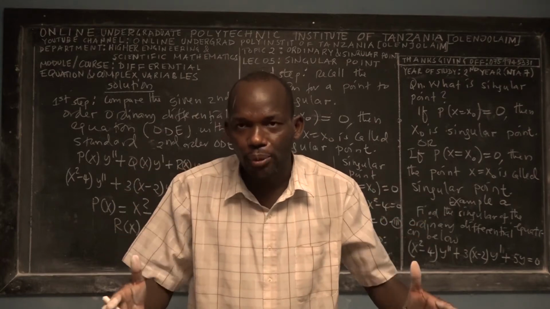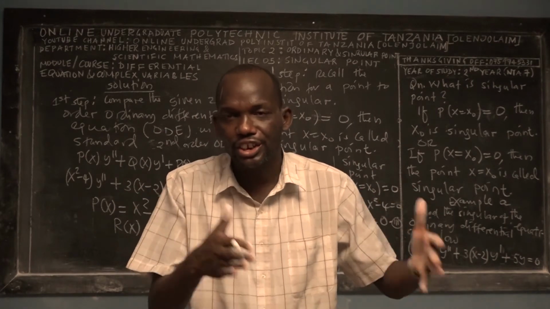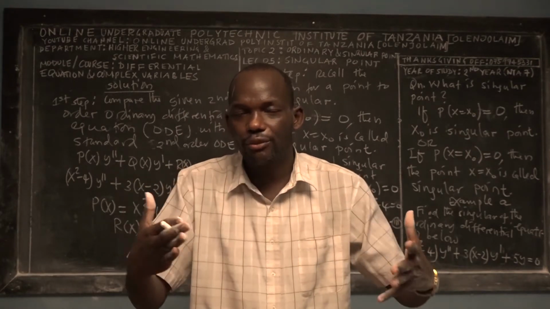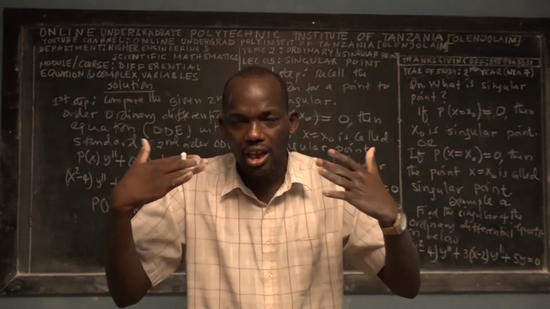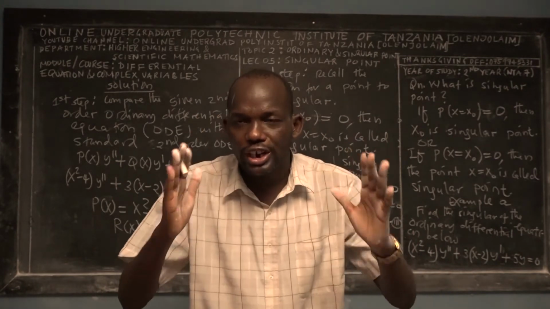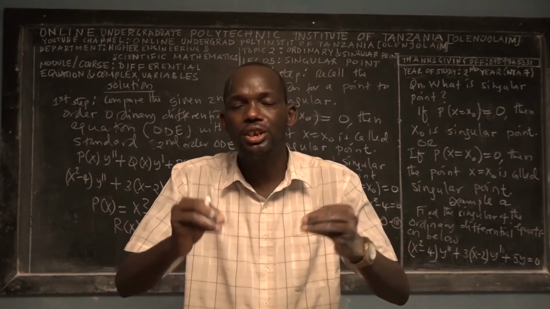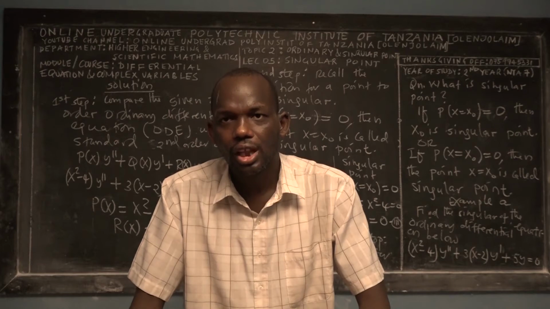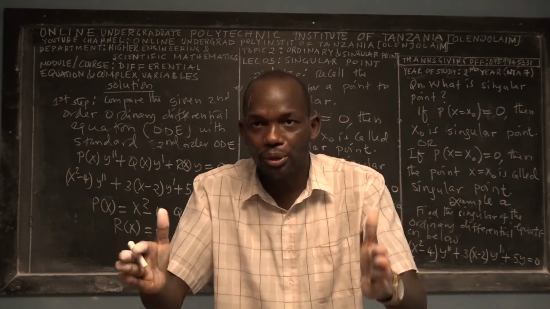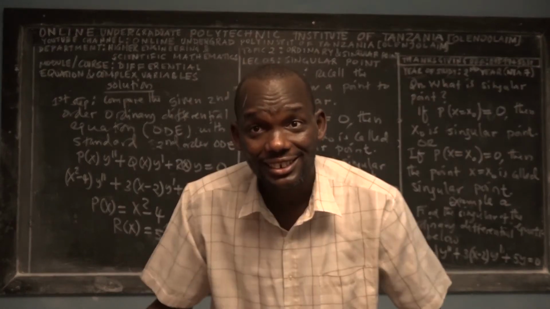But for an ordinary point, we have to substitute x equal to 0 in the given P of x, whether it is a quadratic, polynomial, trigonometric or parabolic function. So in an ordinary point, we replace any x in P of x with 0, and in a singular point, we take P of x, equate it with 0 and solve for x.